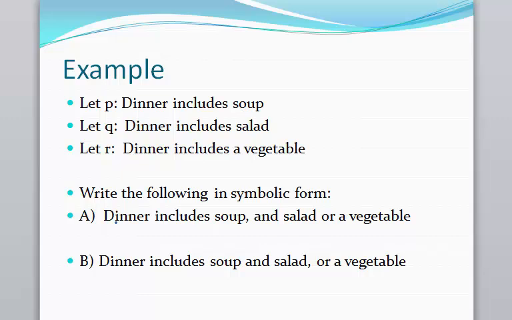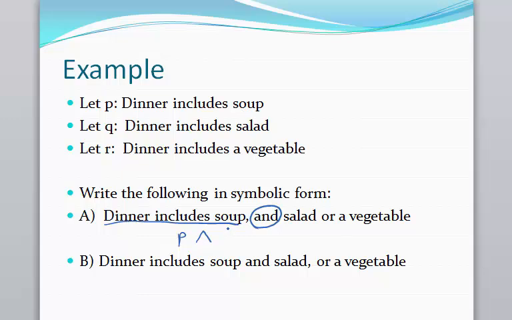So dinner includes soup is P. This and, remember the symbol for and, looks like the caret symbol. So we know for sure that dinner includes soup, and then we have a choice. We can either choose salad or a vegetable.